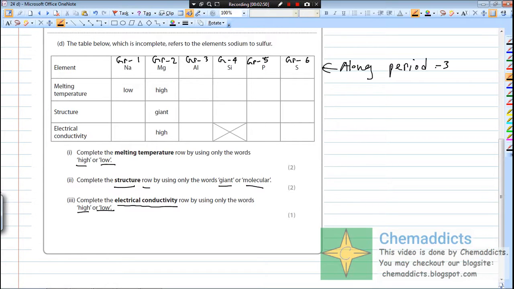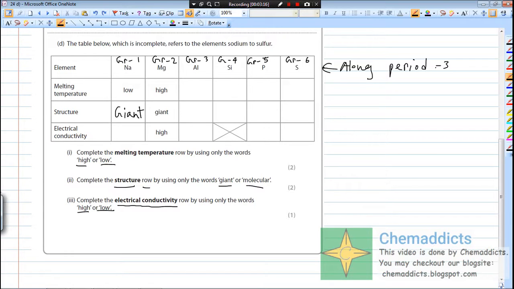So obviously the structure for sodium is giant. The electrical conductivity is really high since it is a group 1 metal.